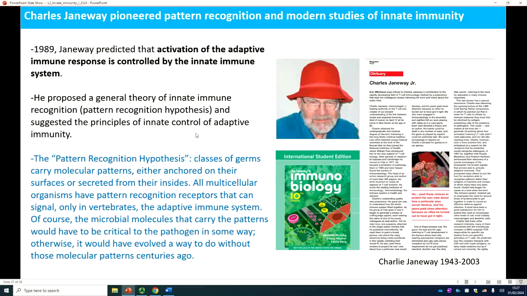He played a key role in promoting this hypothesis, and it all stems from his work. Like I said, he was the main author for this textbook, which is a very, very good textbook.